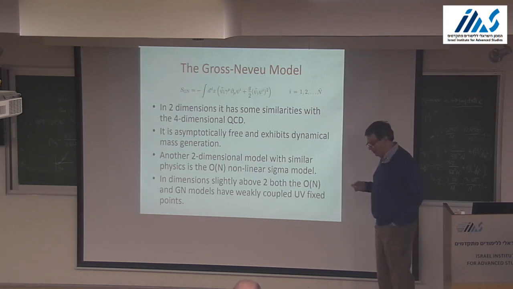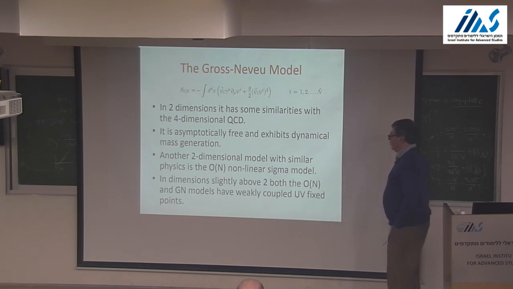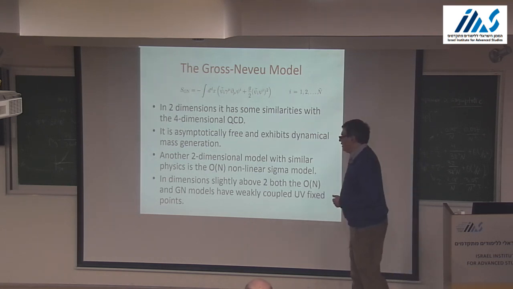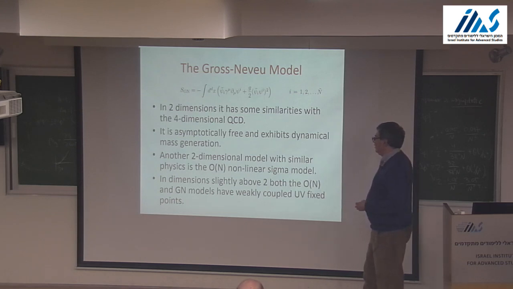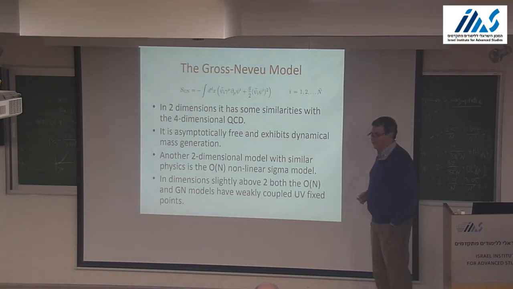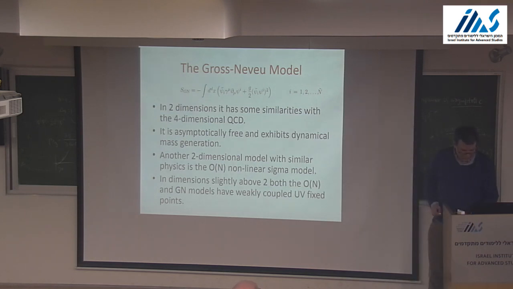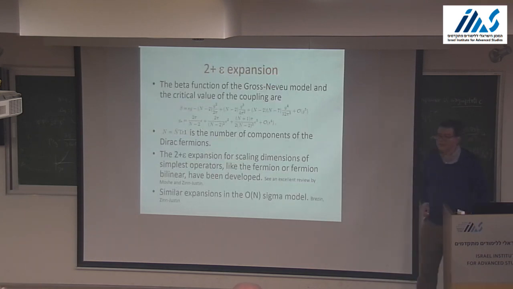You basically lose the mass gap and it becomes conformal. So in 2 dimensions it has some similarity with 4-dimensional QCD because it exhibits asymptotic freedom. But in 2 plus epsilon dimensions it's already a nice conformal theory, even though it's technically non-renormalizable. So how do you solve this theory? Yes.